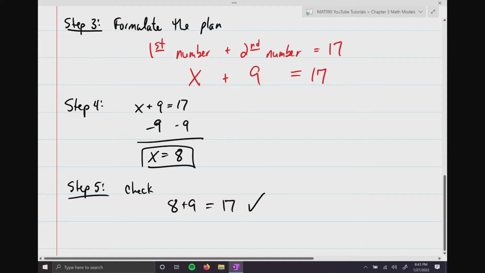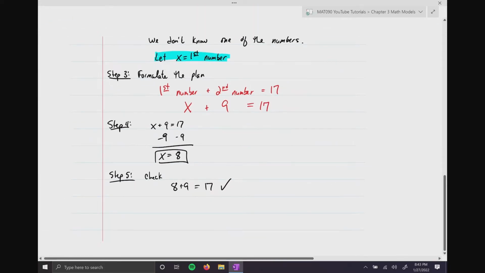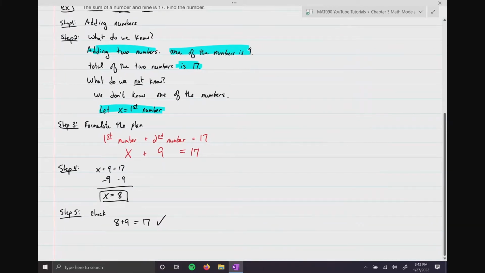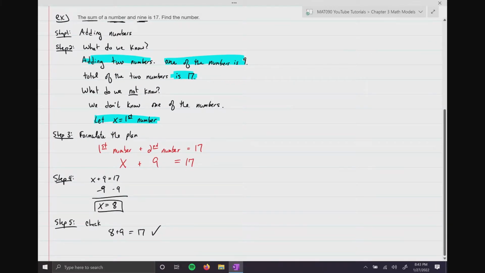Okay? So, notice I did my approach to this word problem, and maybe I didn't need to really do all this just for this one problem. But I wanted you to see how this process works, okay? Because we got to get disciplined with this. We got to make sure that we're going through this process over and over and over again, okay?